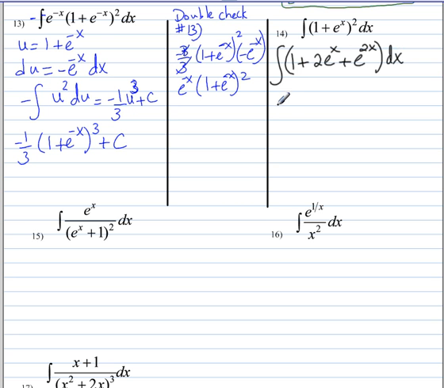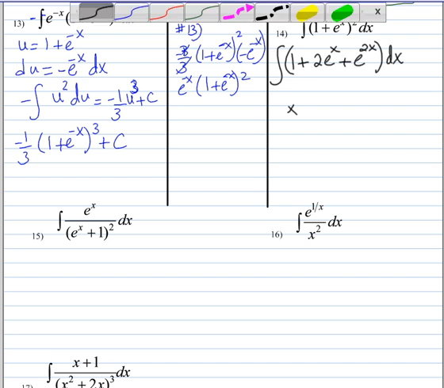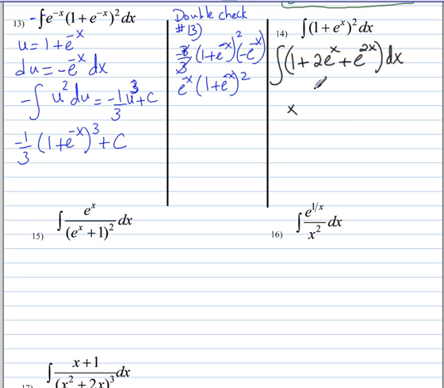Okay, so now we take the antiderivative of each part. Antiderivative of 1 is x. We're taking the antiderivative, so we don't put the antiderivative symbol anymore. Antiderivative of 2e to the x is 2e to the x.